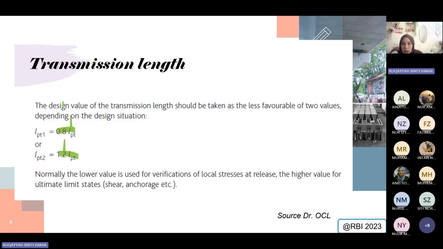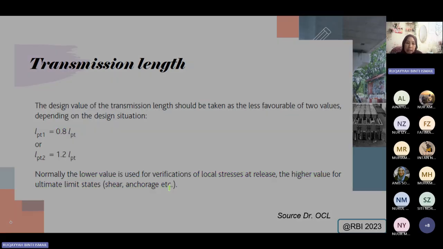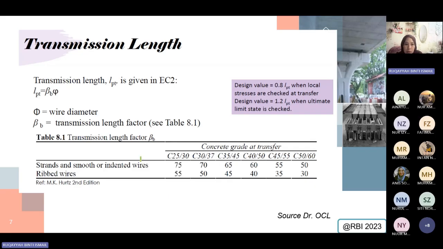You take the less favorable between these two. Normally the lower value is used for verification of local stresses at release, and the higher value can be taken for the ultimate limit state design for shear and also anchorage design.